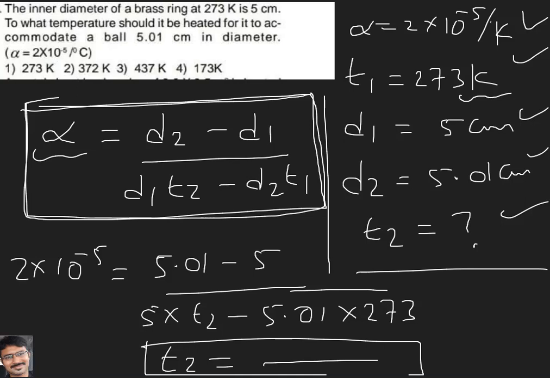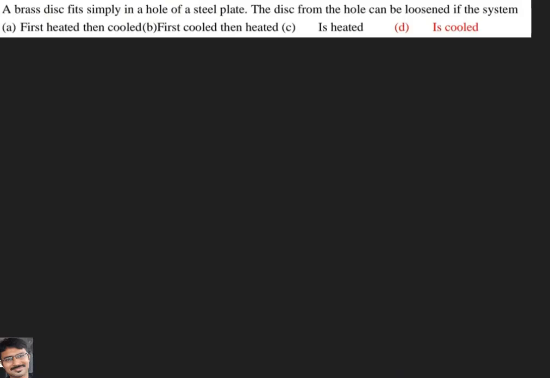By applying this formula, we can solve this problem, and finally we will get the value of T2. In what units will we get it? Kelvin, because everything we have taken in Kelvin. So remember, alpha per degree centigrade or per Kelvin is the same. That is the information related to this problem. I hope you are clear with this one.